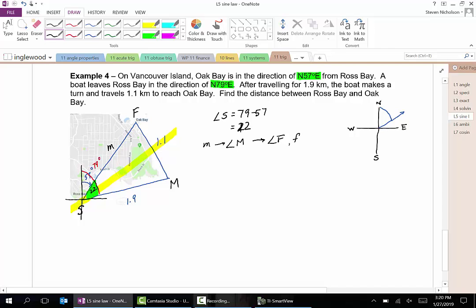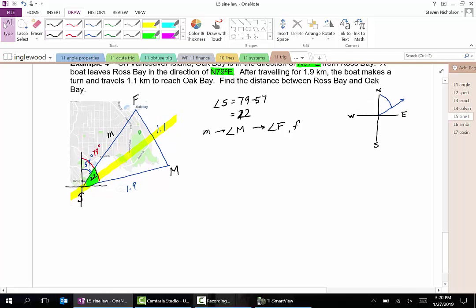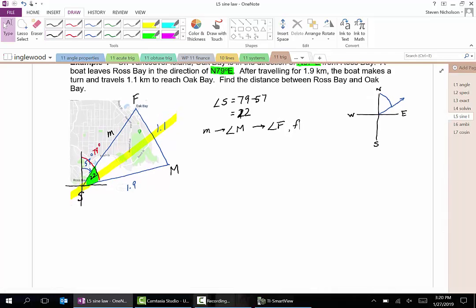So we're going to have to use the sine rule, sine law twice. So again, this is a tricky problem, but it's the logic of working your way through. So let's find big F, the angle. If we know big F, we can find big M, angle M, and away we go.